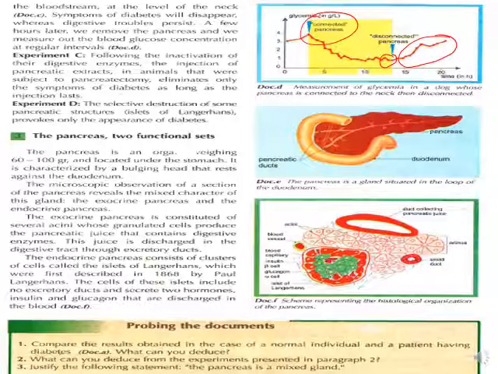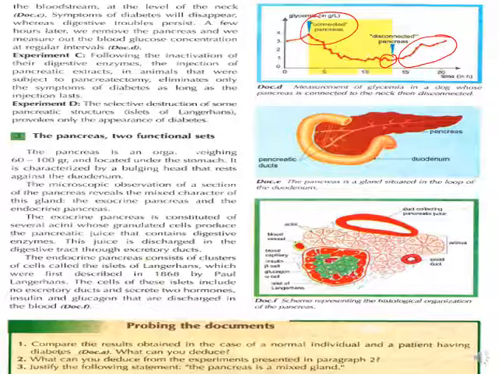In experiment D, the selective destruction of some pancreatic structures, the islets of Langerhans, provokes only the appearance of diabetes.